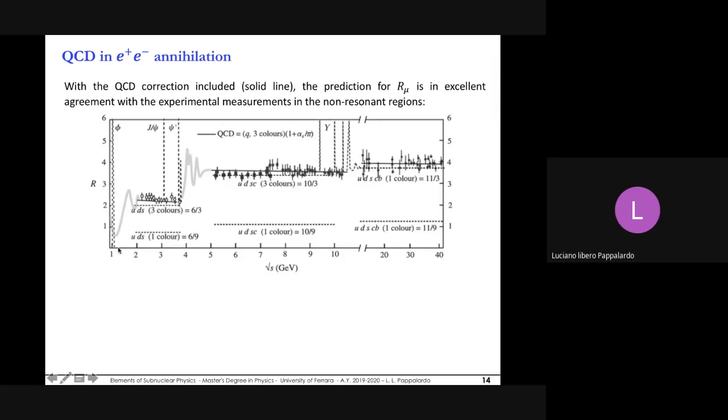Before looking at the data, let me show you that we have some low energy resonances here. Then we have the J/psi resonance, which is very, very narrow, as we will see later on. Then we have the excited states of the J/psi below the D-meson mass threshold, which are also very narrow.